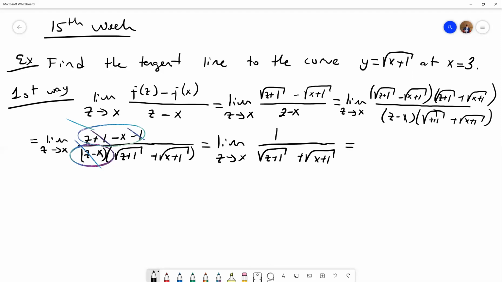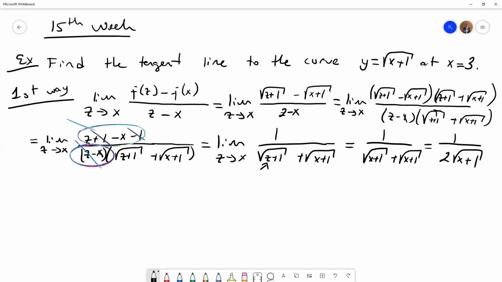If you put x in for z, the result is square root of x plus 1 plus square root of x plus 1, and finally it is 1 over 2 square root of x plus 1.